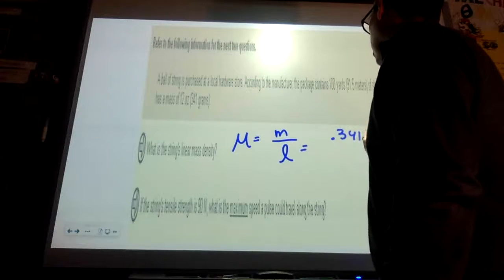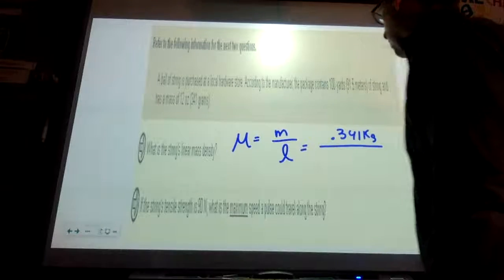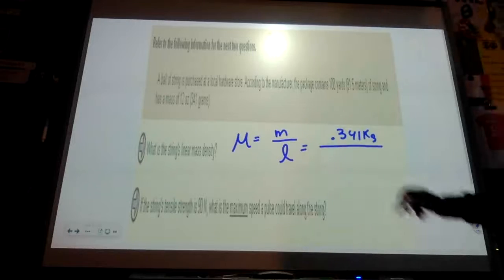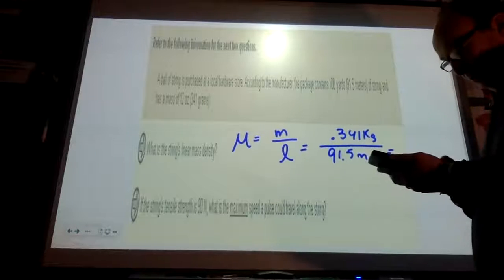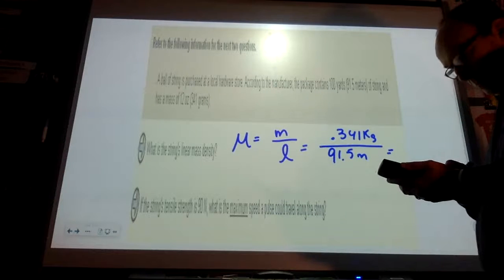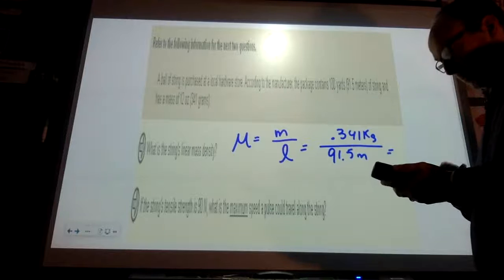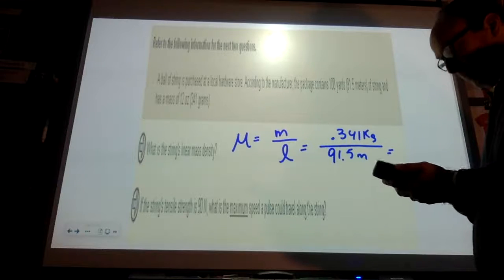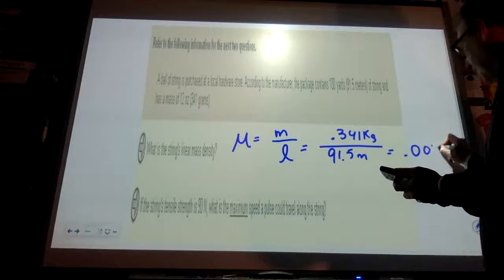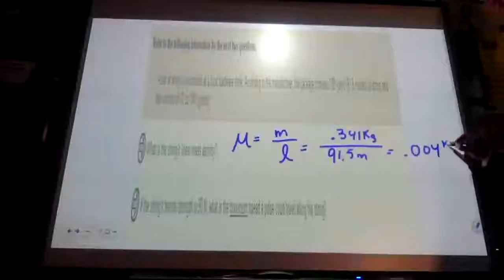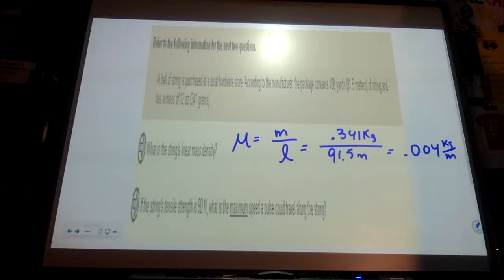So this is going to be 0.341 kilograms divided by 91.5 meters. So about 0.004 kilograms per meter.